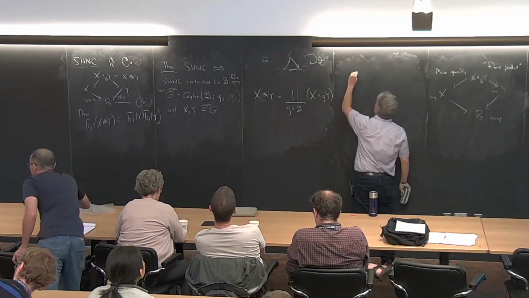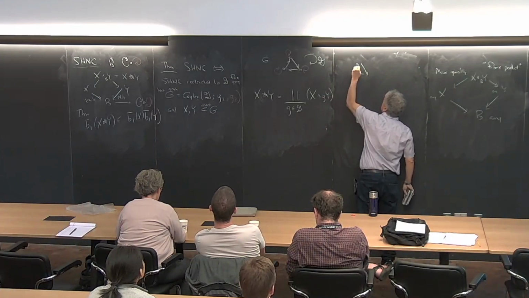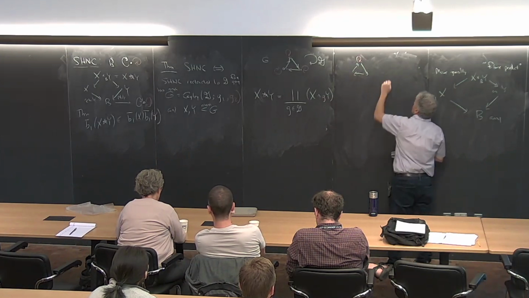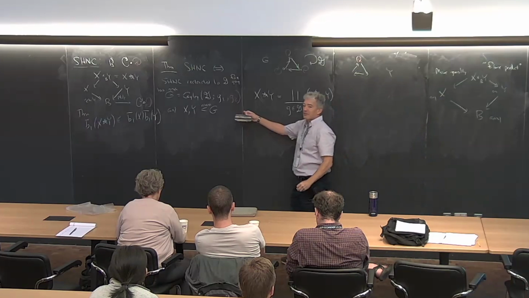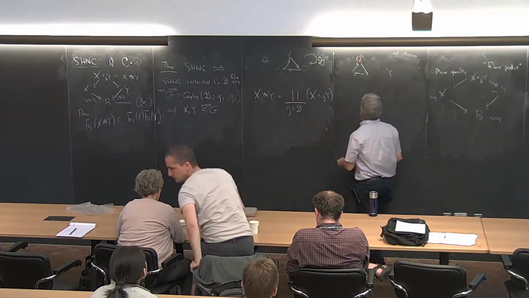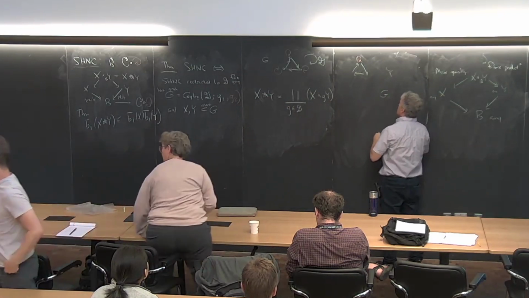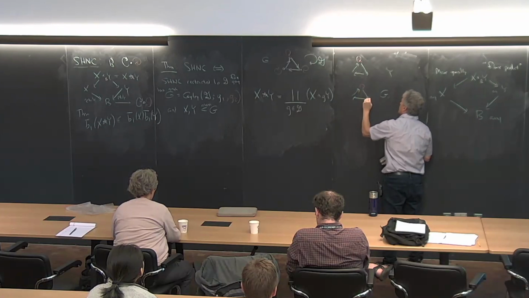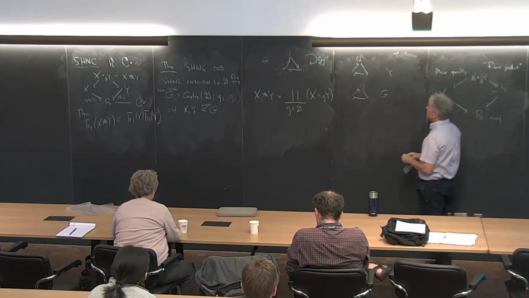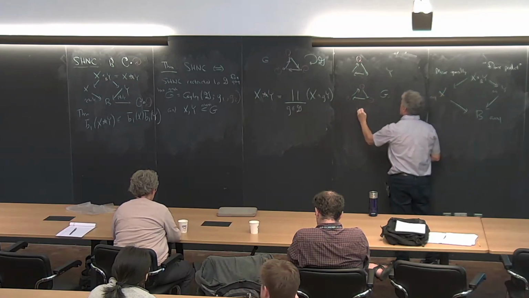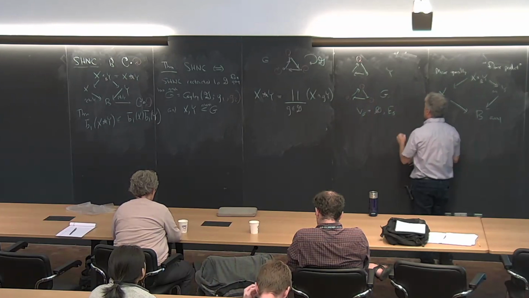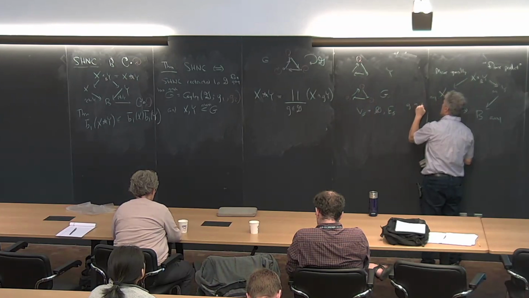So if you have a graph like this, let's say this is Y. I haven't defined the Cayley graph, but the Cayley graph is just this: the vertex set is G itself, and the edges are, you connect every g to G1 times g, and every g to G2 times g.